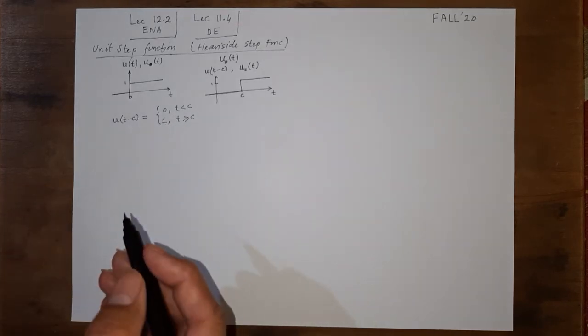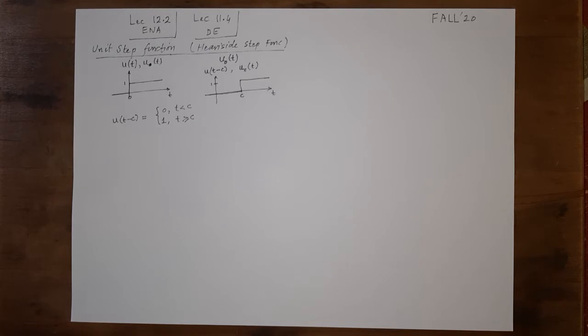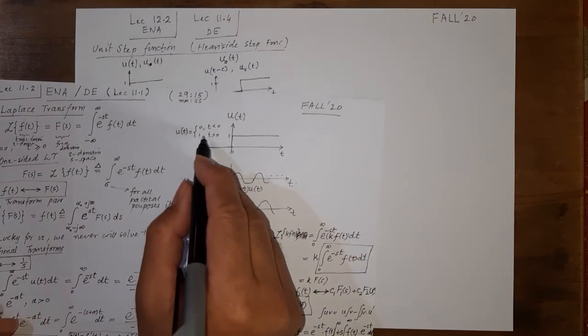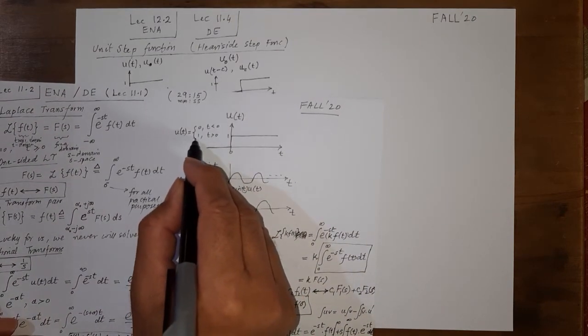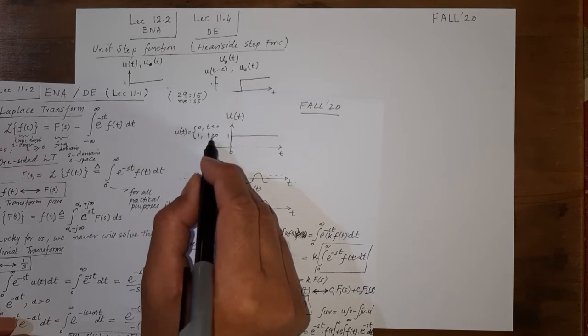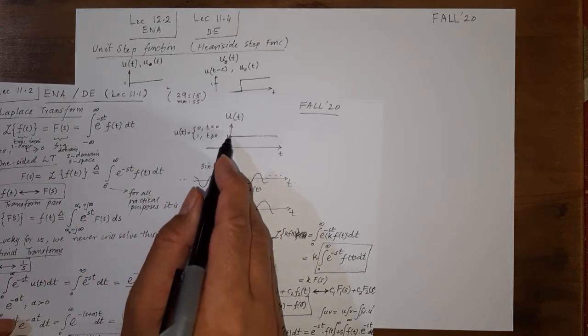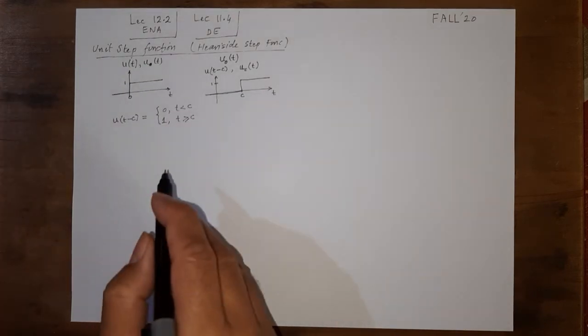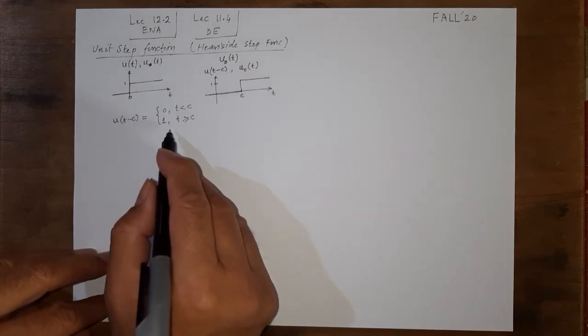Let me see my previous notes whether I have mentioned this. Oh yes, in lecture 11.1, the differential equation lecture, I mentioned that it is not defined at t equal to 0, and that was not correct. Please correct it. At the jump it is considered to be 1. So this is the correct piecewise description.